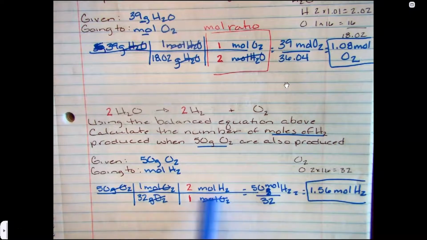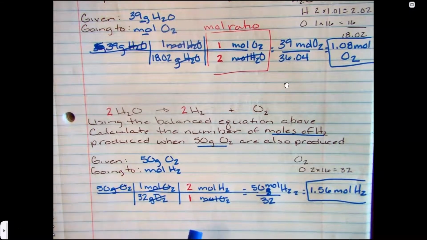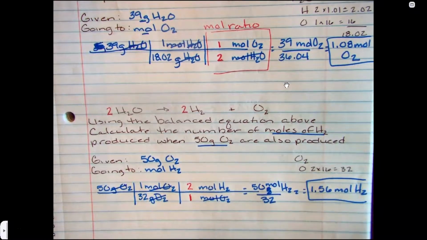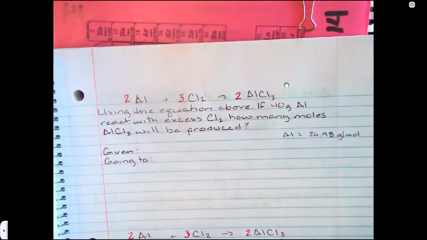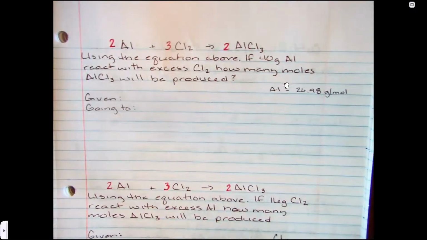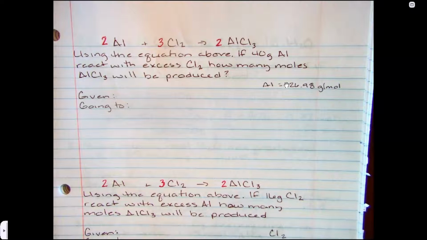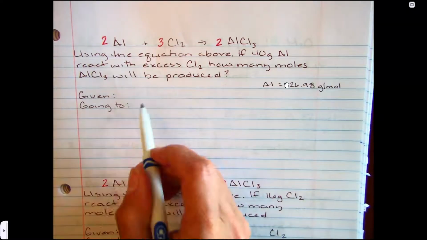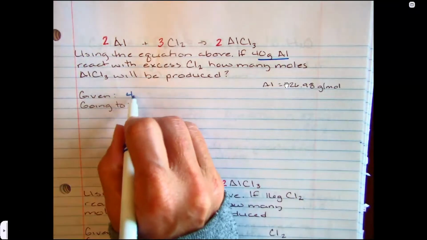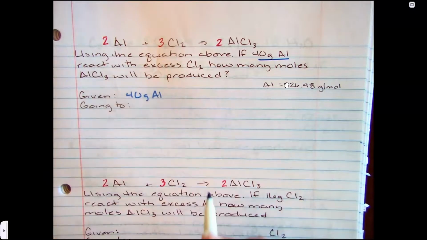Again, remember, we have to convert to moles first, then we multiply by the mole ratio. It's just like a mole-to-mole problem from before. Let's look at our next problem. So on this problem, again, we have to figure out what's given. We have 40 grams of Al, of aluminum.